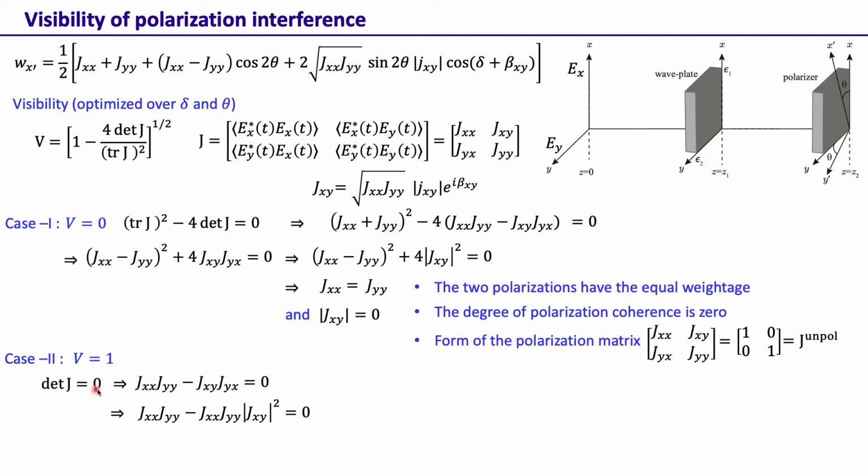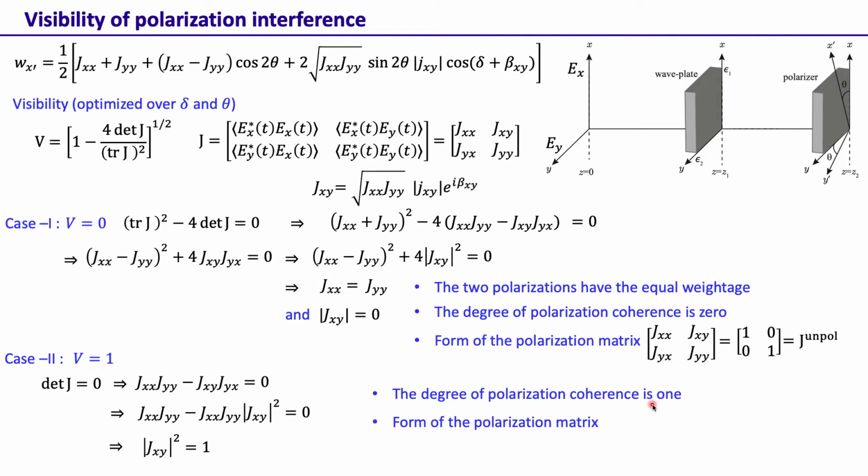So determinant J equal to 0 means that this jxy whole squared quantity has to be equal to 1. So if this quantity is equal to 1, this basically means the degree of polarization coherence is equal to 1. So when visibility is equal to 1, the degree of polarization coherence is equal to 1.